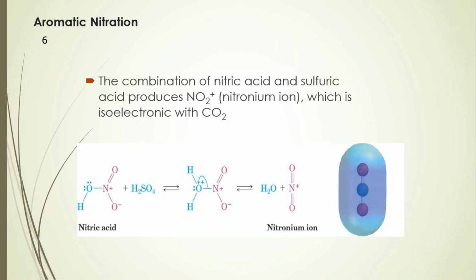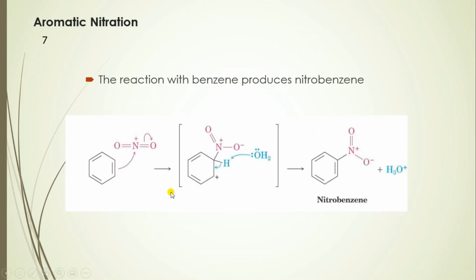Once you get this nitronium ion, it is very easy, following the same mechanism, where the double bond of the benzene attacks the nitrogen, producing O negative, and a carbocation.